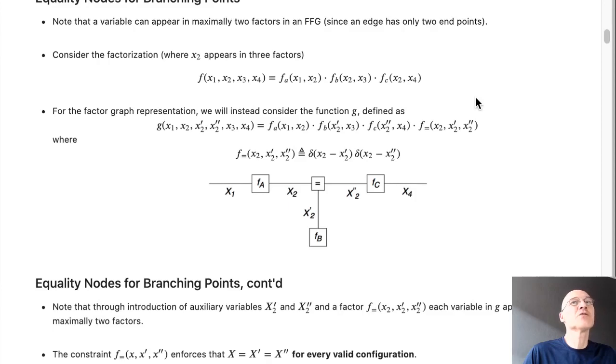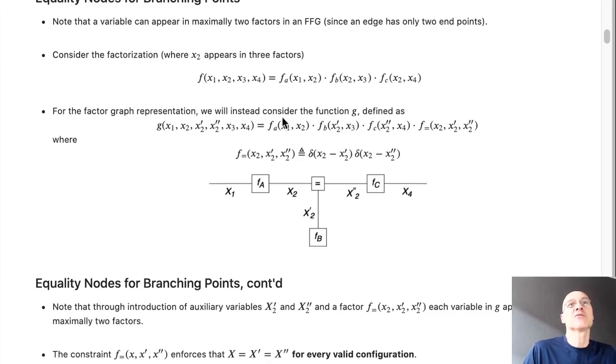And the trick is as follows. Here's again this function, but now fa is a function of x2, fb is a function of x2, and fc is also a function of x2. What do I do with x2?